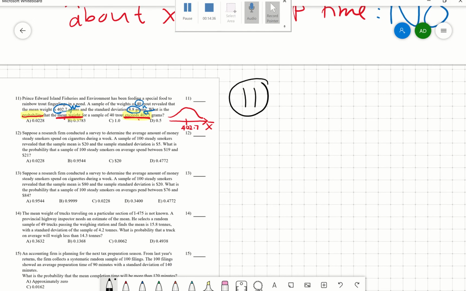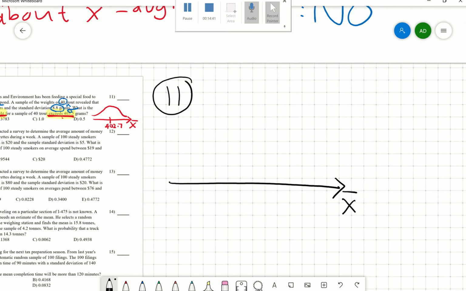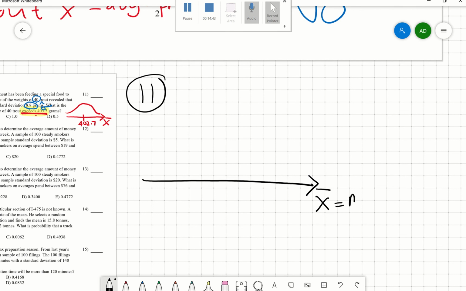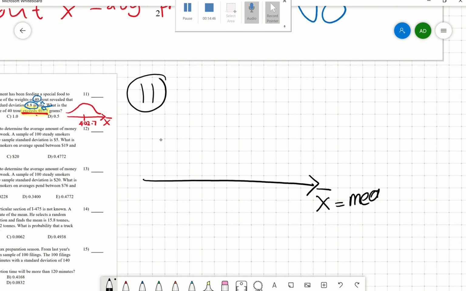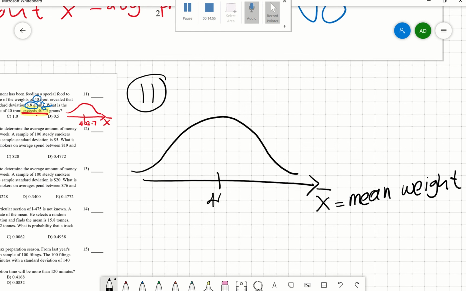So number 11, so X bar, mean weight is normally distributed with mean 402.7 and standard error of the mean is 8.8 divided by square root of 40.